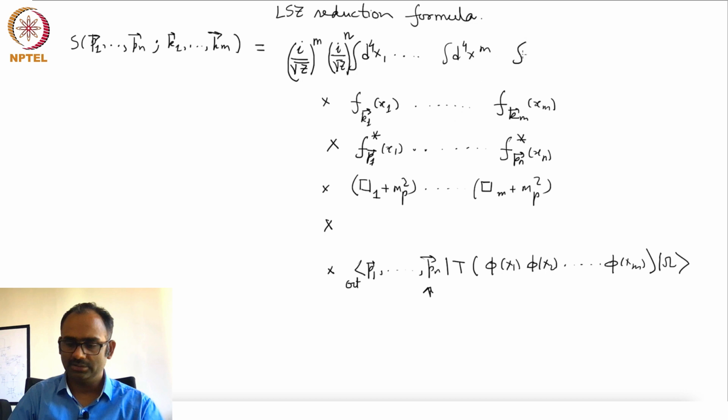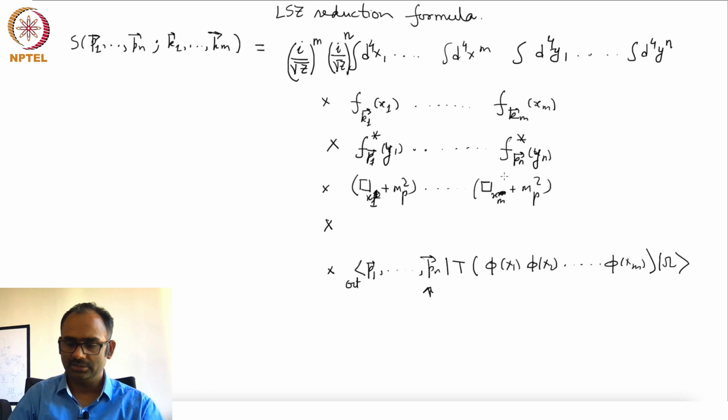So, here you will have corresponding integration variables, which we will write as d4y1, d4yn, and these will have arguments y1 to yn, and these derivatives, which are with respect to x1 and x2 and so forth, I will explicitly write them as box with subscript x1 and this one is box with subscript xm.